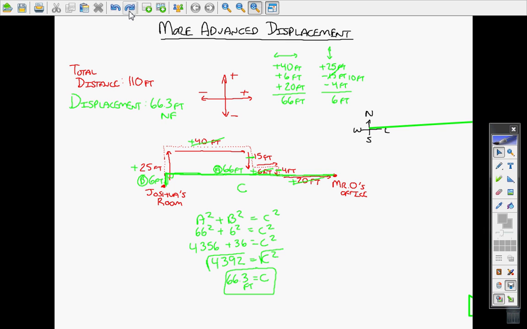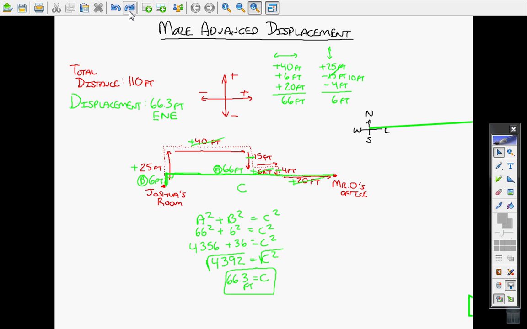So maybe I'll call it northeast-east, but then that doesn't sound right. So I looked it up on the internet, and I found out that the true way that you identify this direction is by calling it east, northeast. So it's more east, but it's also a little northeast of east.